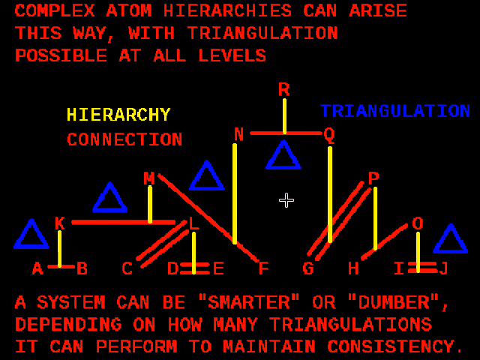Now, you can also say that a system can be smarter or dumber, such as artificial intelligence for instance, depending on how many triangulations it can perform to maintain consistency. Because there are a great number of triangulations possible, you can say that it performs only some of the possible triangulations, with only some of the atoms which it deems currently important.